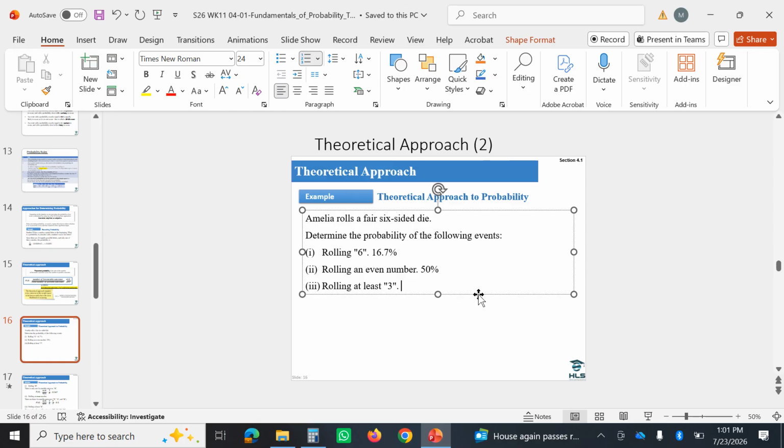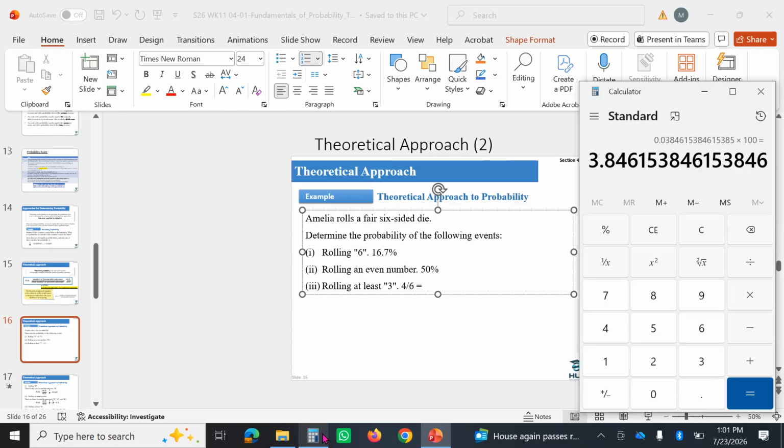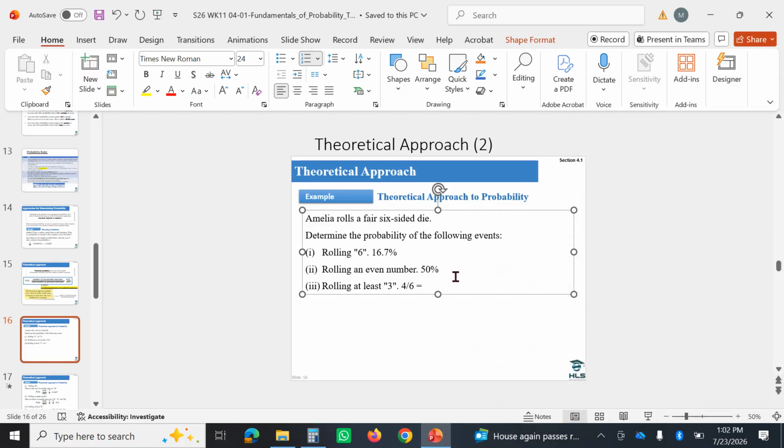Rolling at least a 3. That means I'm not interested in a 1 or a 2. I'm interested in rolling a 3, 4, 5, or 6. So that's 4 numbers divided by 6, which is 4 divided by 6 on the calculator, 66.7% chance.